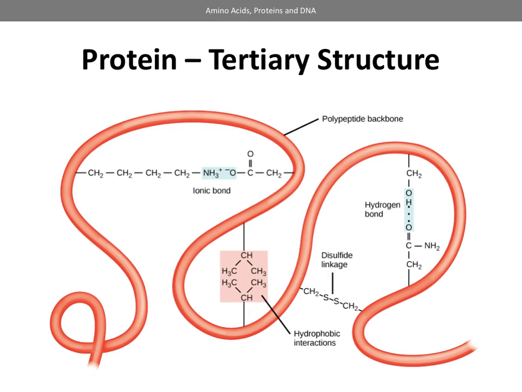Then we come to the tertiary structure. So this is the overall folding of the chain, and that folding is held together by interactions between more distant amino acids than was the case in secondary structure. So these interactions can include ionic attractions, and they can include disulfide bridges. As you can see, it can also include hydrogen bonds, and there's a mention here of hydrophobic interactions.